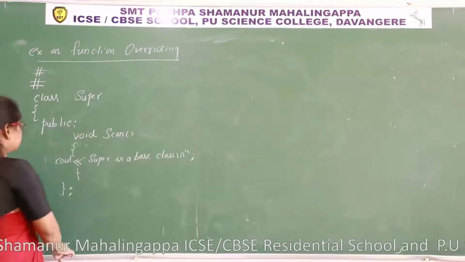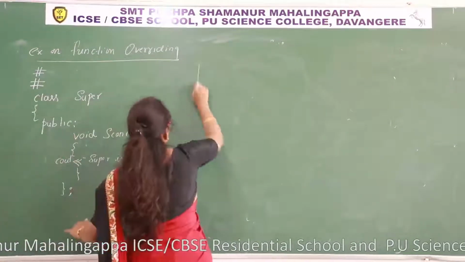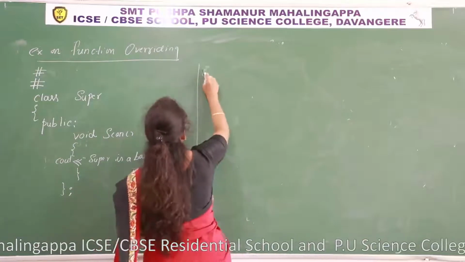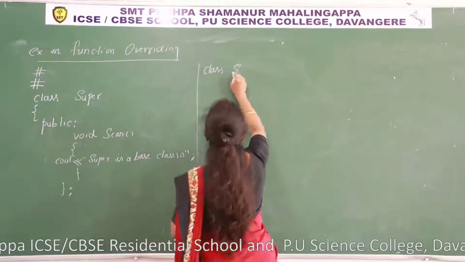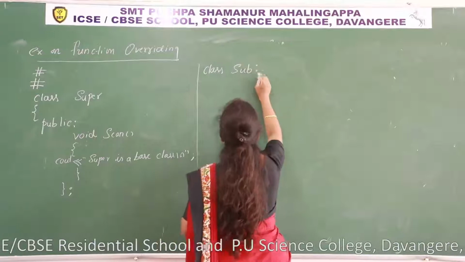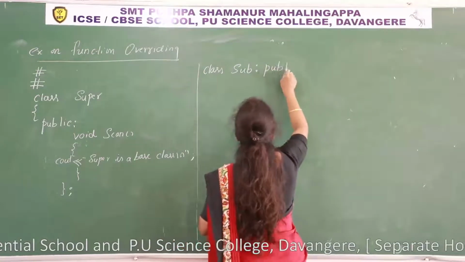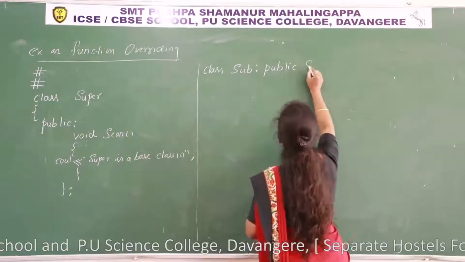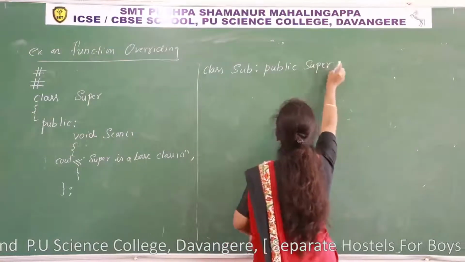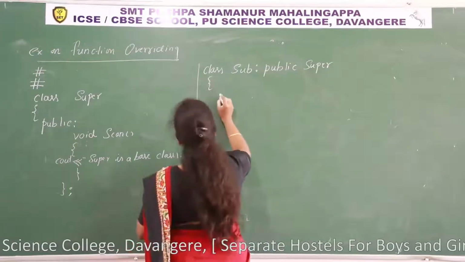Next, one more class, that is a derived class. class sub colon super, with the visibility mode public.